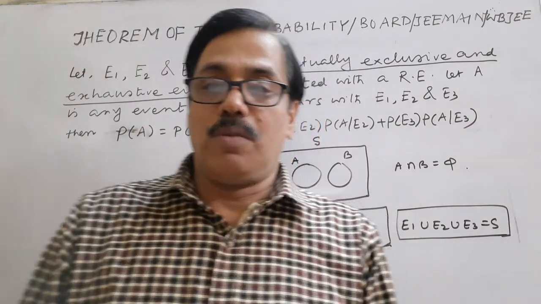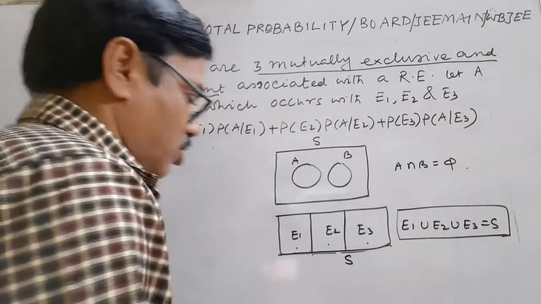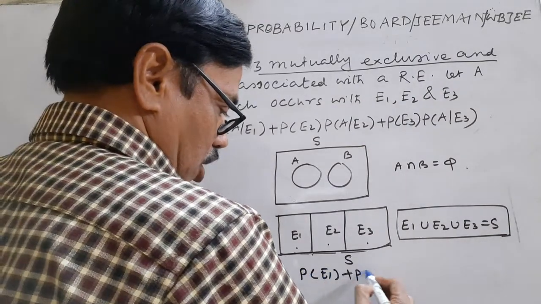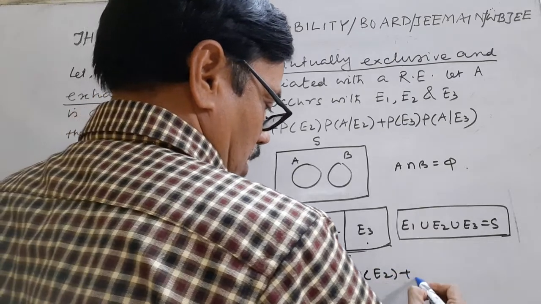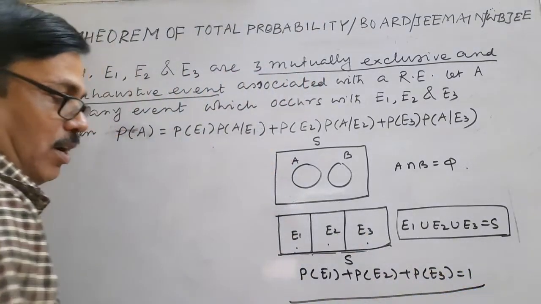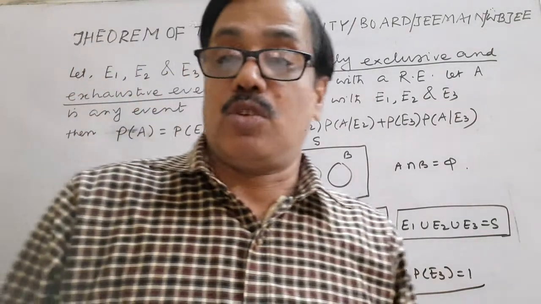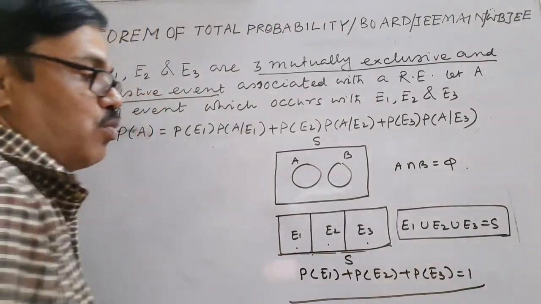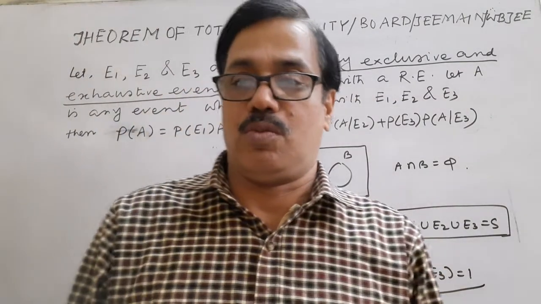You know, for mutually exclusive and exhaustive events, P(E1) plus P(E2) plus P(E3) equals 1. But if it is not exhaustive, then P(E1 union E2) equals P(E1) plus P(E2).